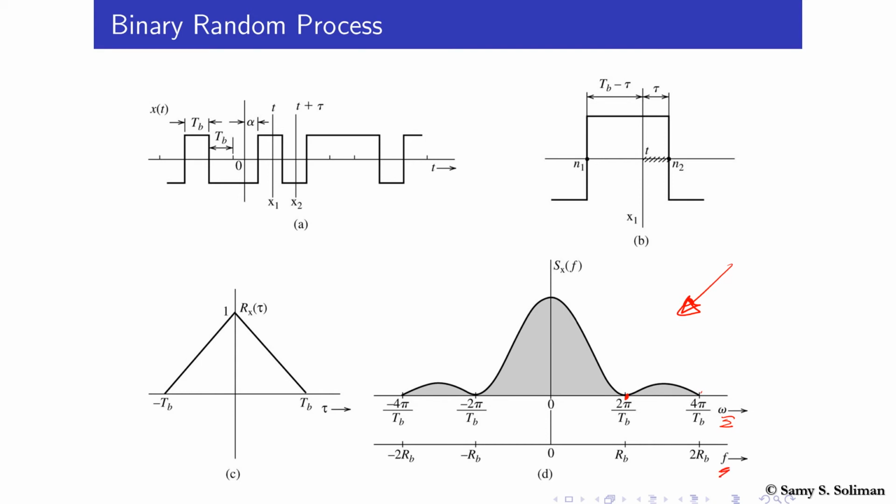While when plotted versus the frequency f in hertz, our zero crossings are at multiples of RB, where RB is equal to 1 over TB. And it is meaningful to use RB here because it represents the bit rate, or the speed of representation of ones and zeros.